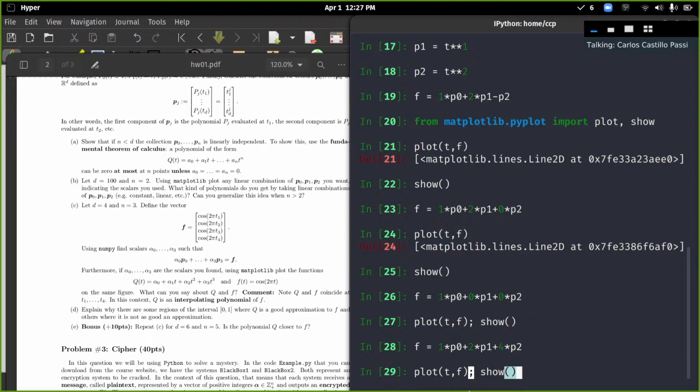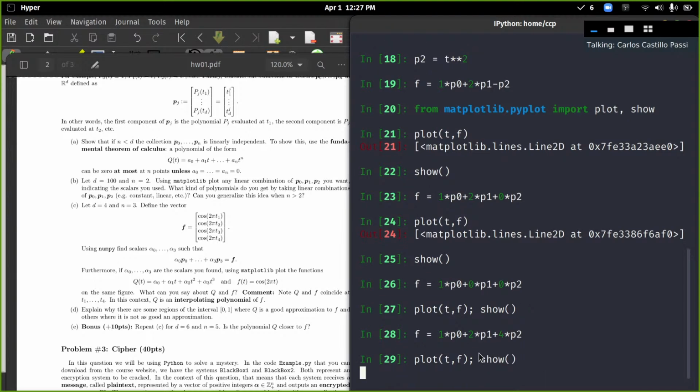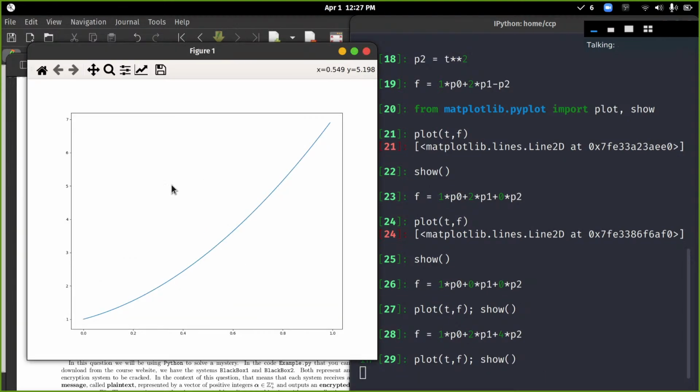This semicolon is just used to do two things in the same line instead of using plot and then show. Plot generates the plot but does not show it, and show creates the window that displays the plot.